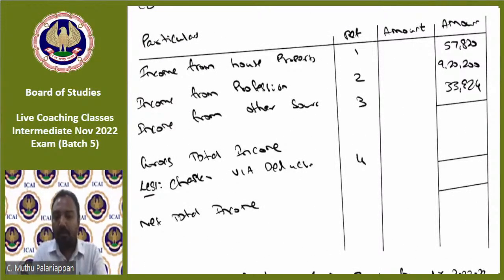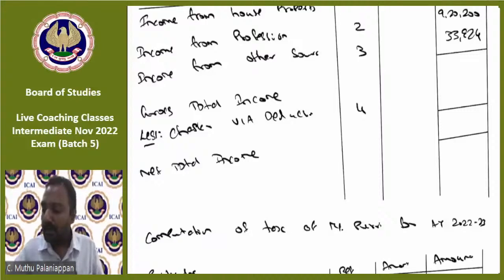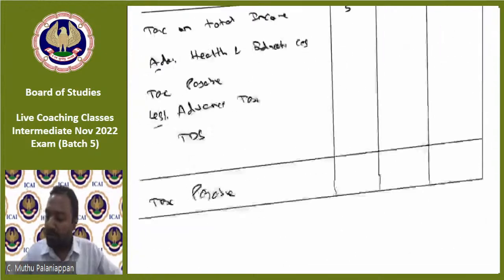So how much do we get? 57,820 plus 9,20,200 plus 33,924. So that is 10,11,944.